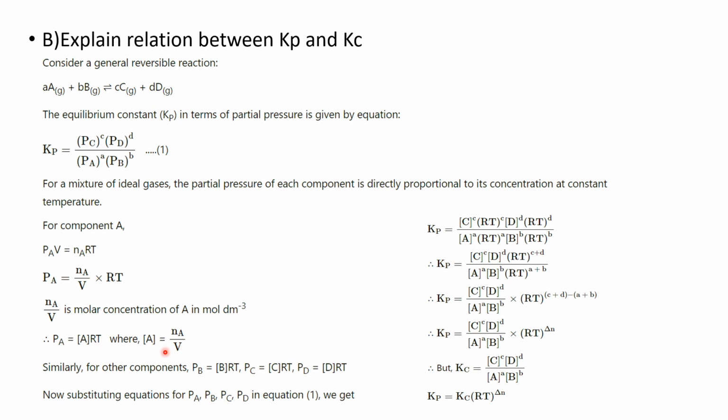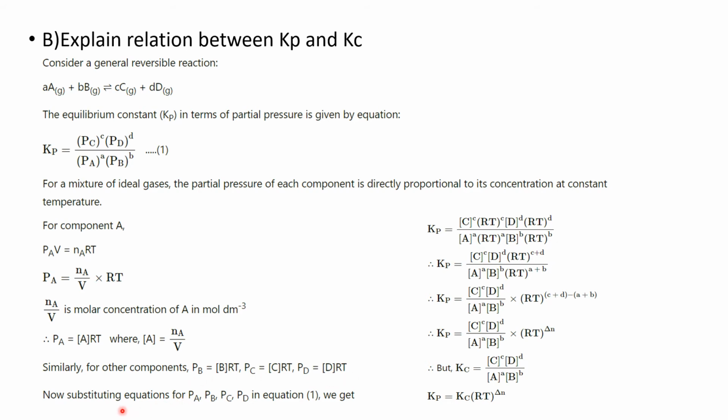Similarly, for B we can write [B] into RT, for C we can write [C] into RT, and for D we can write [D] into RT.